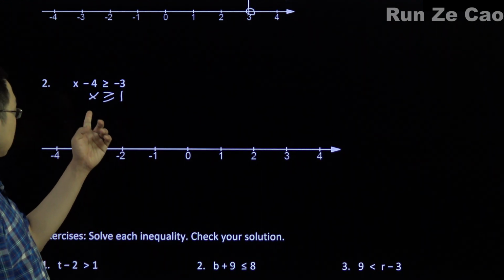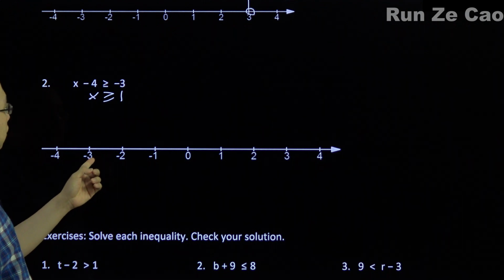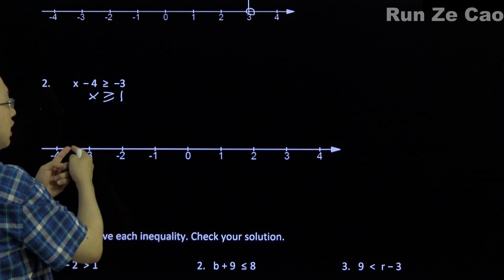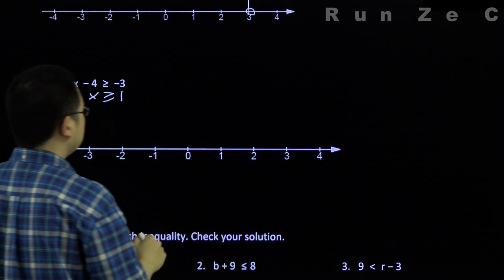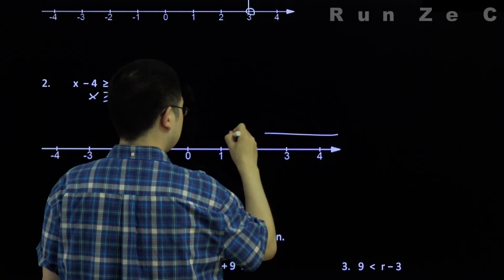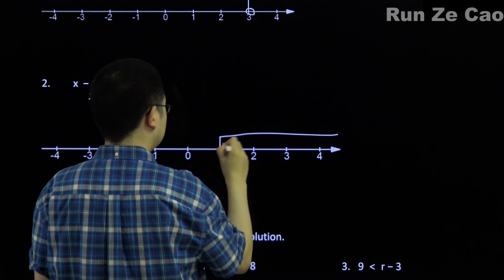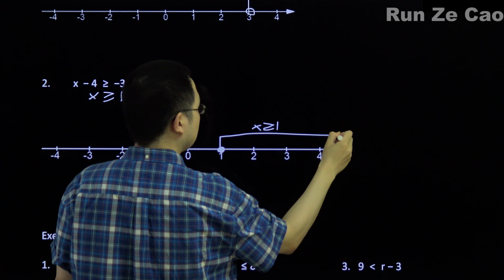A value that's equal to or bigger than 1, when you subtract 4, is going to be equal to or bigger than -3. Like if you subtract 4, yeah. So x is greater than or equal to 1. Equal to 1. Okay.